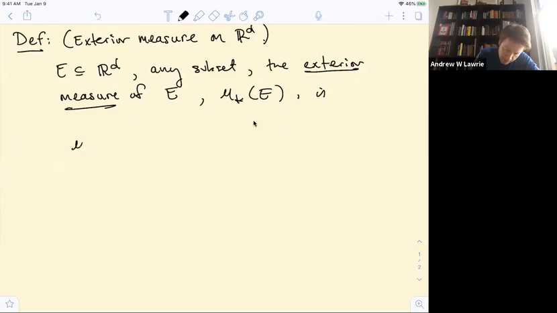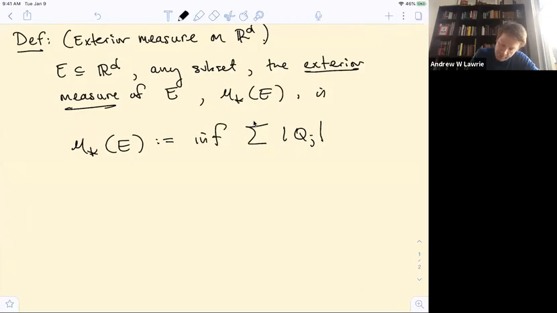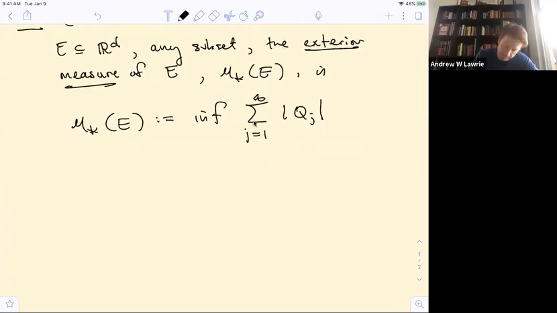So mu star of E is defined to be the inf over all at most countable coverings of E by closed cubes.